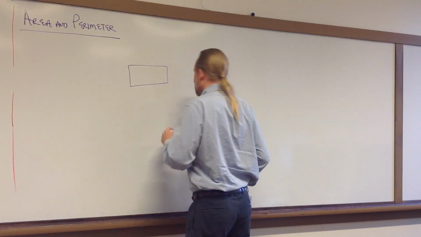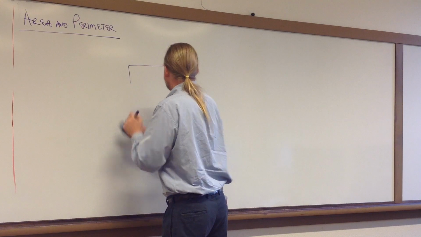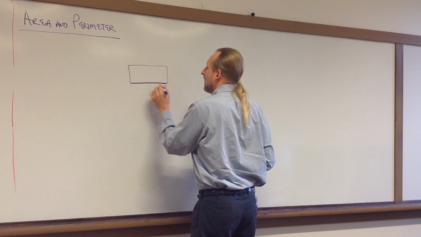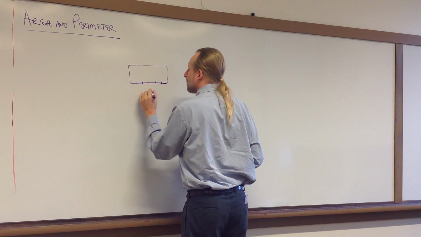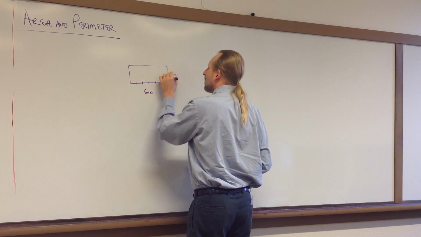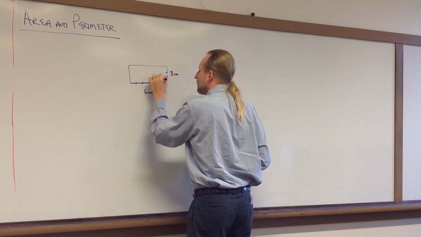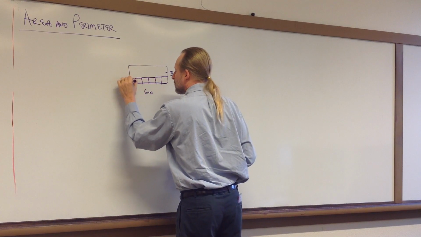So for instance, let's say we've got a rectangle here that is, let's call it, 6 inches long by 3 inches tall. Each one of these little pieces represents a square inch.